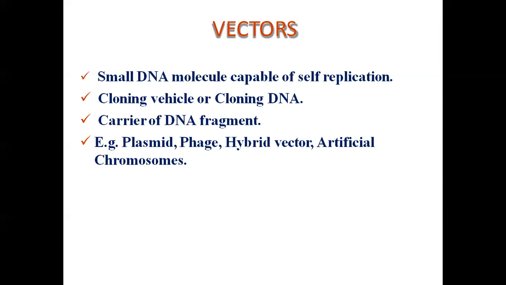When you are working with genes, you need suitable vectors so that you can carry the gene. So a vector is a small DNA molecule with self-replication ability. That means it can replicate itself. It is a cloning vehicle, a carrier of a DNA fragment. Here are some examples. We'll talk about detailed examples and each of its characteristics later.